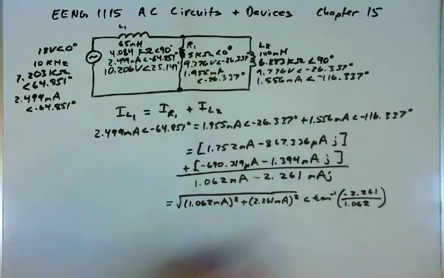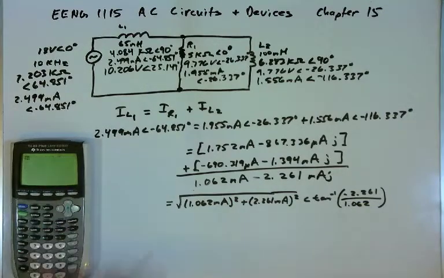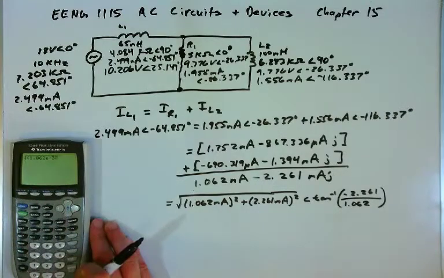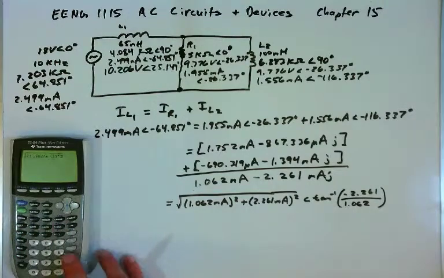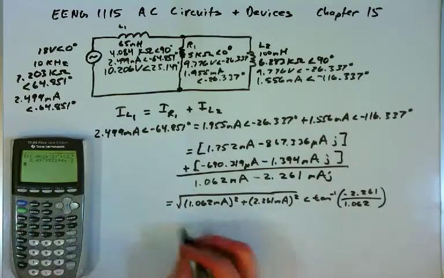These are both milliamps, so that will cancel. And so we have the square root, open parentheses, 1.062, that's milli, close parentheses, squared, plus, open parentheses, 2.261, that's also milli, and that is squared.